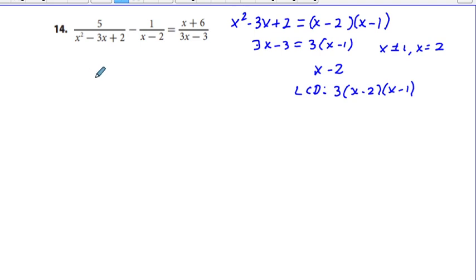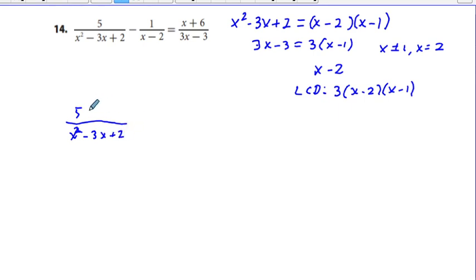Now next, let's just rewrite this. So we got x squared minus 3x plus 2.